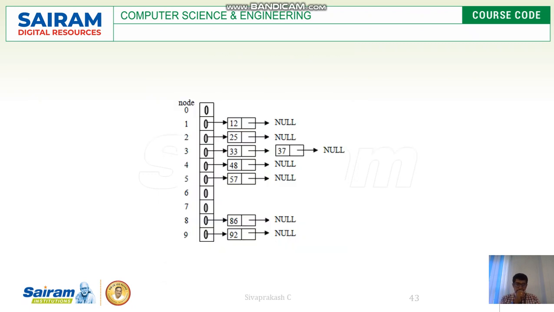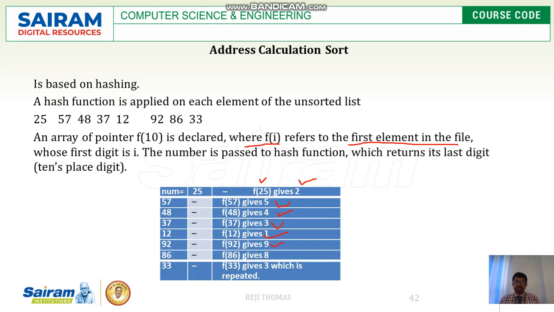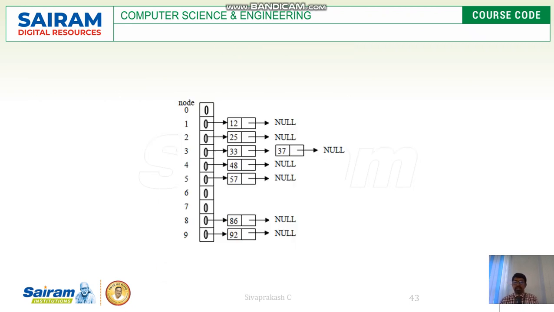Now let us see how it works. Once the hashing is done, I'm going to store these numbers in a list. These are the numbers: 25, 57, 48, 37, 12, 92, 86, and 33. I applied my own hashing function so that I got the first digit. This can be represented in the form of a list.